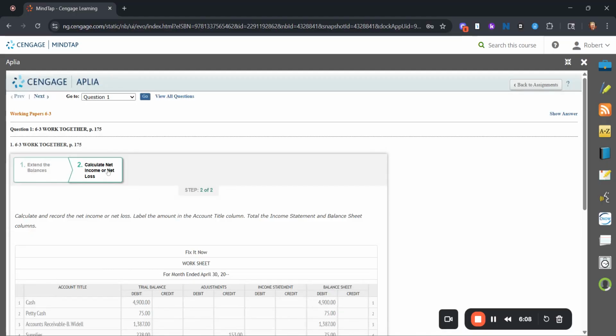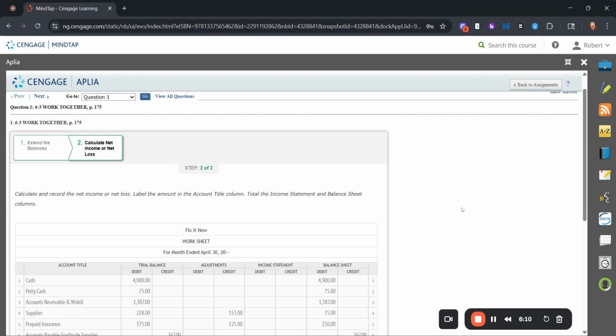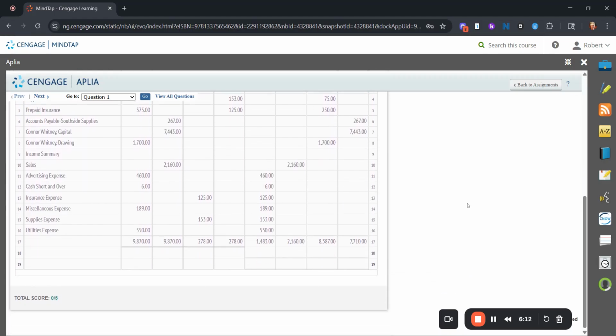So we're going to calculate the net income or net loss. So we'll fill in our line here, net income.